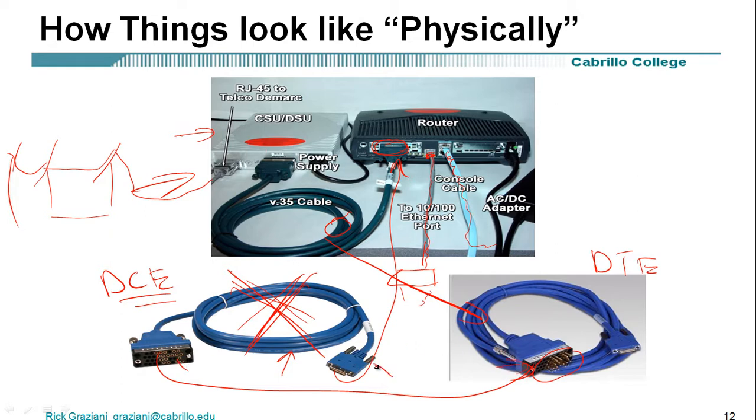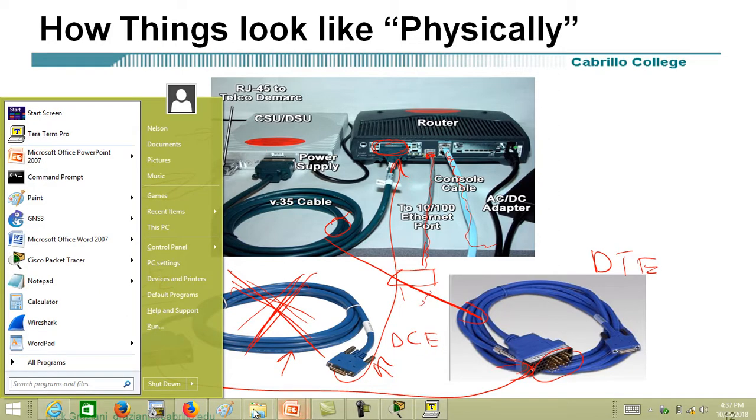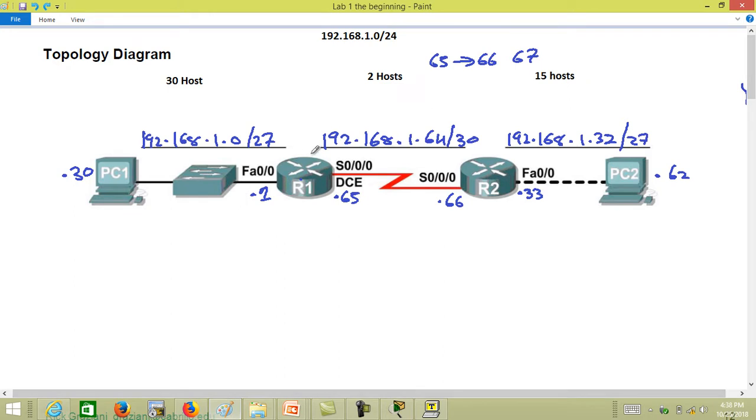So the side that you'll connect the router on this side, you'll see it as DCE. So I'm trying to explain what we have here in the lab. You can see that this side is DCE, this side is DTE.